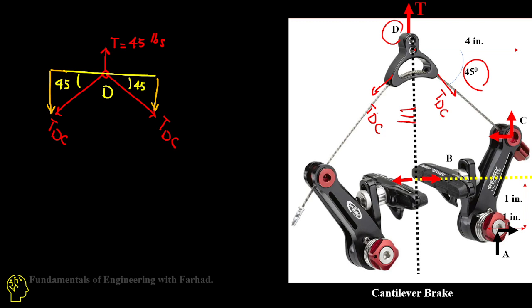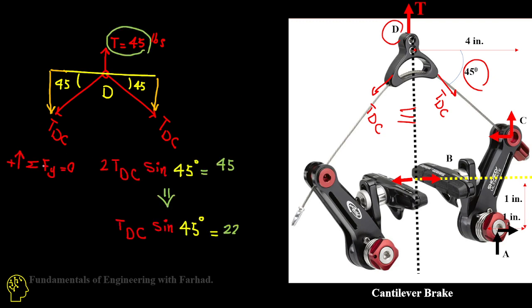These two forces are identical to each other, and they are angled 45 degrees from the horizontal. So for the two of them, the summation of forces in y equals 0: 2 TDC sine of 45 should be equal to the total upward tensile force, which is 45. So one of them is equal to half of this force.